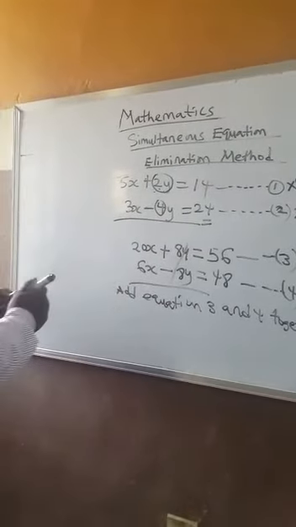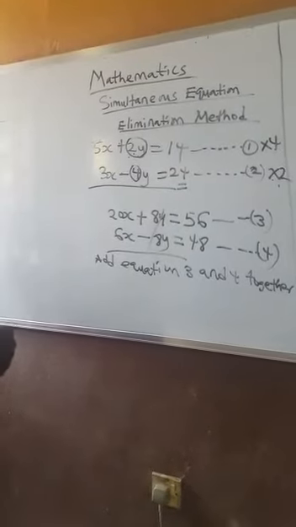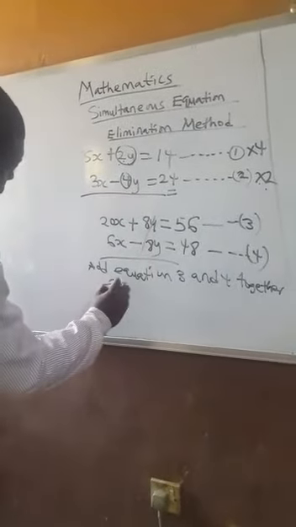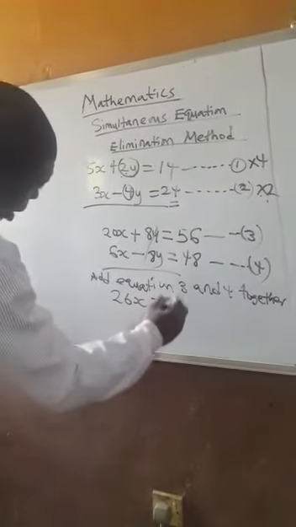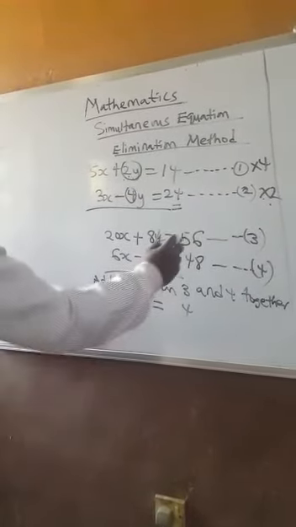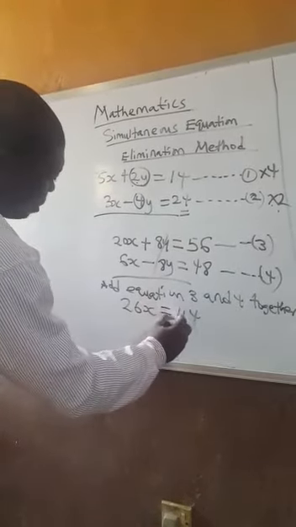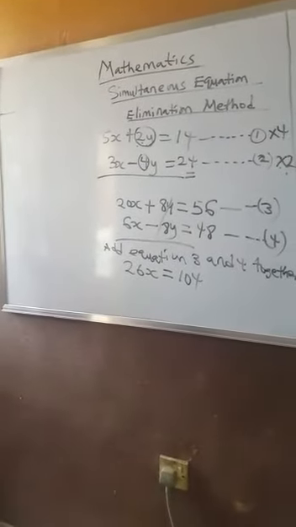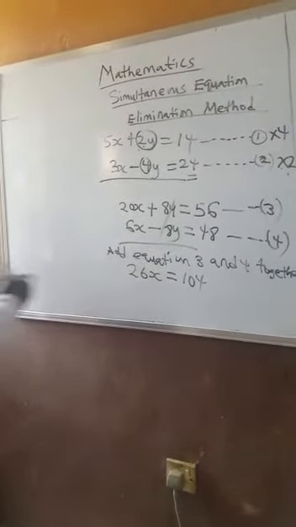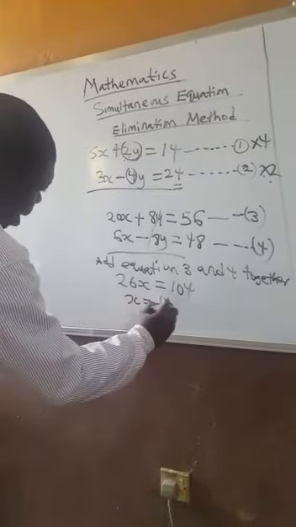It is being eliminated. Here we have 20 plus 6, we have 26x equals to. This one gives 14, 5 plus 4 gives 9, plus the 1 here gives 10. So we have 26x equals to what? Equals to 104.